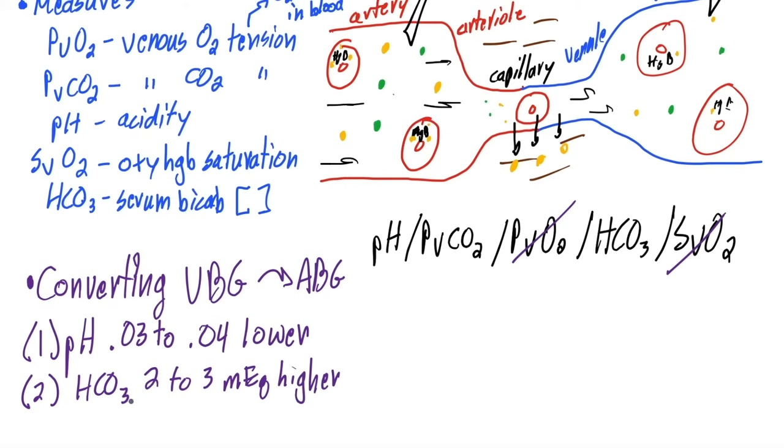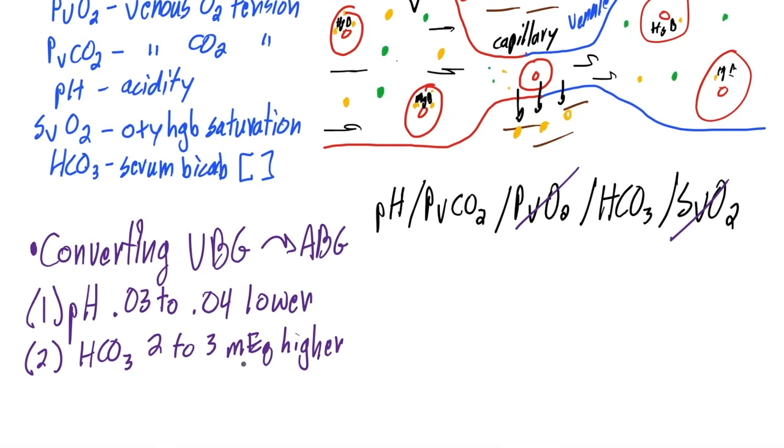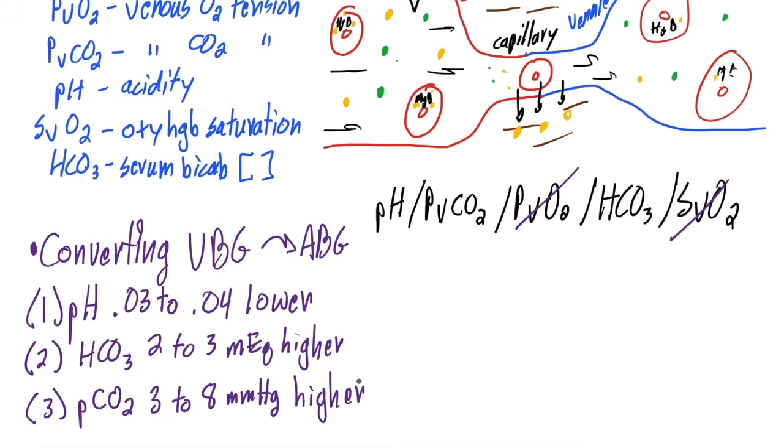That makes sense, right? Because if your bicarb is higher, you would expect your pH to be higher, but it's lower. So that's something to keep in mind, that those two things don't equate. And then your PCO2 is usually 3 to 8 millimeters of mercury higher than your ABG. And this is the one where it makes sense, right?